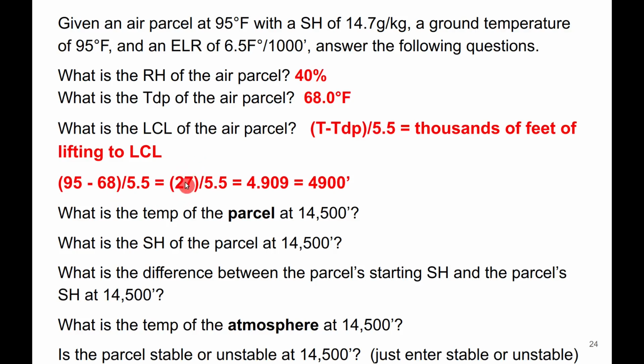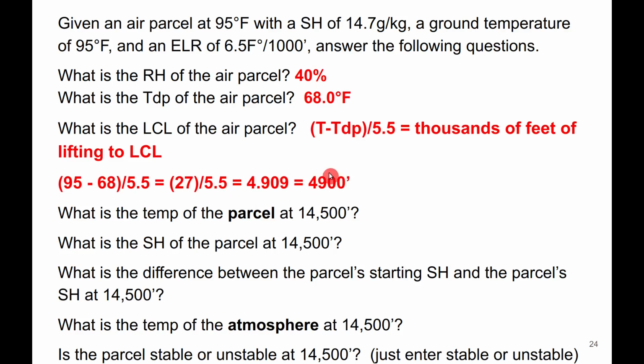That's how much it has to cool from its current temperature to the dew point temperature, 27 degrees divided by 5.5. Remember, that's the dry rate. Gets us 4.909, which means 4.909 thousand feet, which works out to 4,900 feet. Remember, LCL, you round to 100 feet.